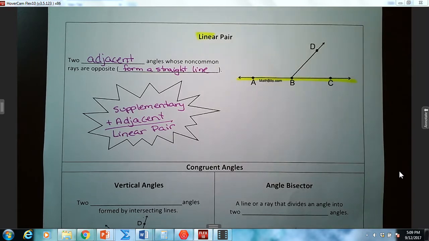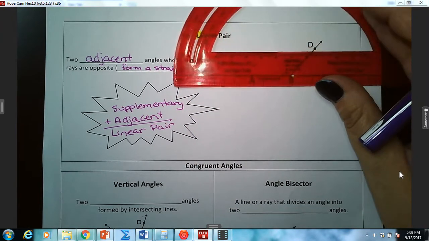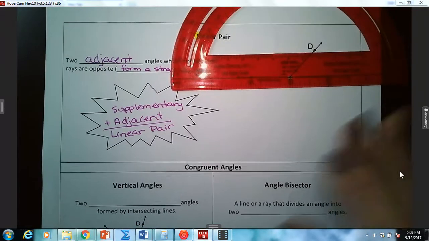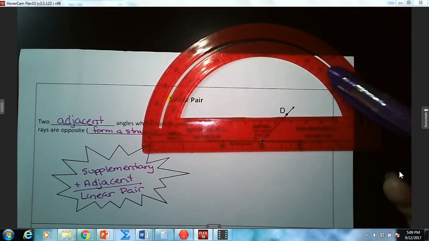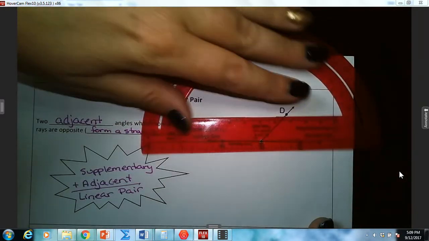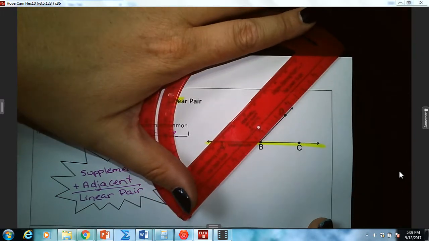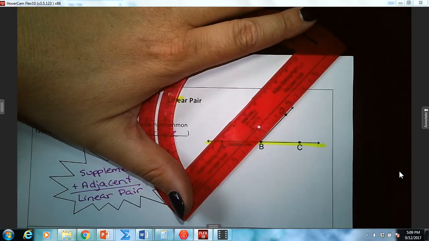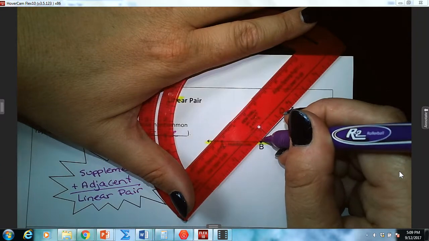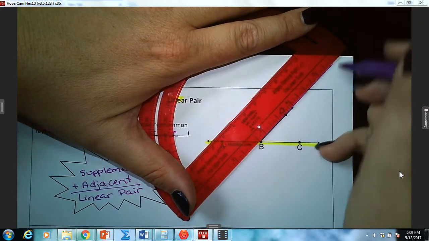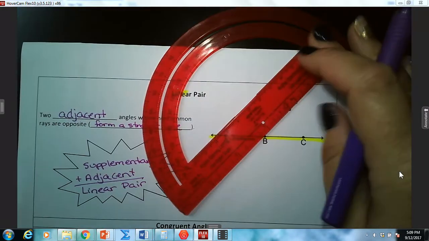What we could do to prove this here is we could actually measure this angle. I've got my protractor here, and as you can tell, the printout is a little too small for this giant protractor. So here's a little trick. I'm just going to grab a pen here, and I'm going to extend our common ray. There it goes, all the way on up. And now I can measure.